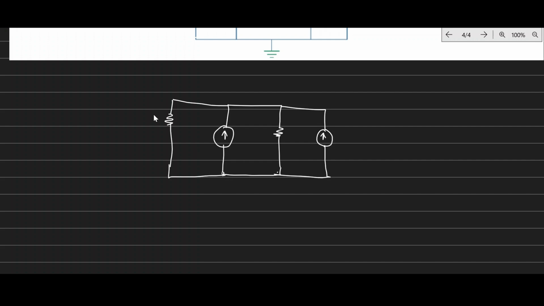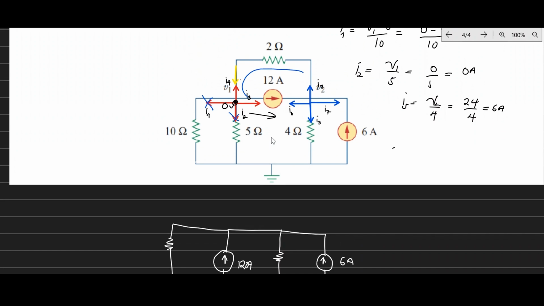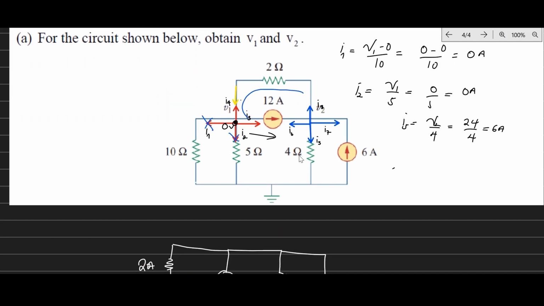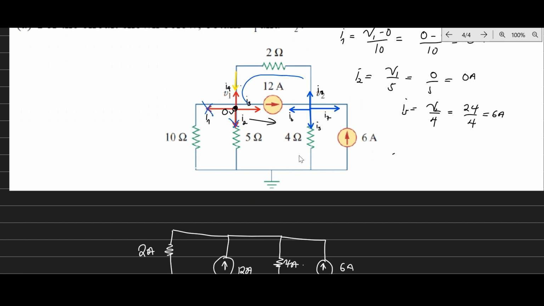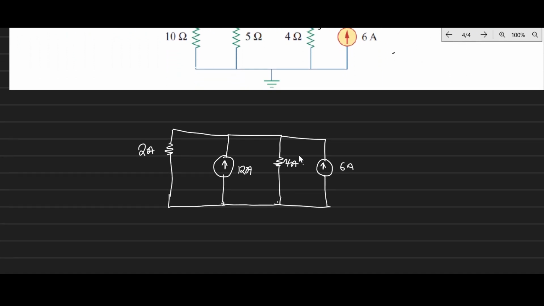Okay, and then this is 12 amps, this is 6 amps. Here there's this 4 ohm resistor, and then another one for 2 ohms this side, right? 2 ohms, 4 ohms. So this is more like an equivalent circuit, because those other 2 resistors have been ignored, isn't it? So this is the equivalent circuit.